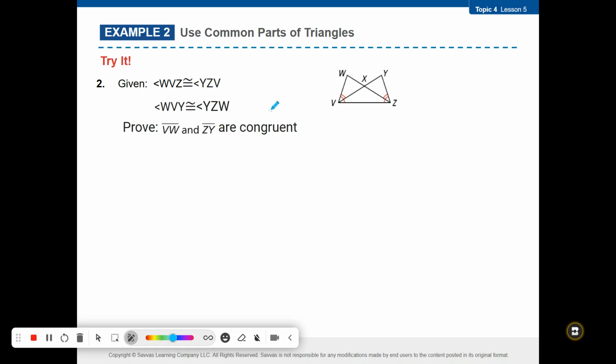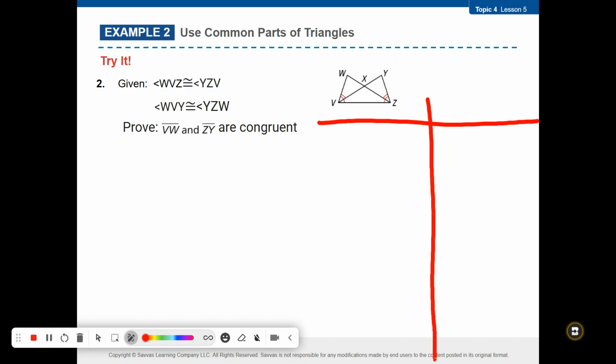So, obviously our first step, per usual, is let's create that area with our statements and our reasons. Step one is that all of this goes into here, and that is given to us.